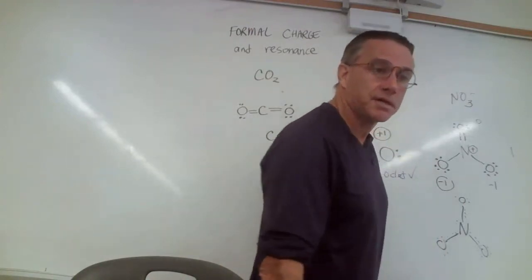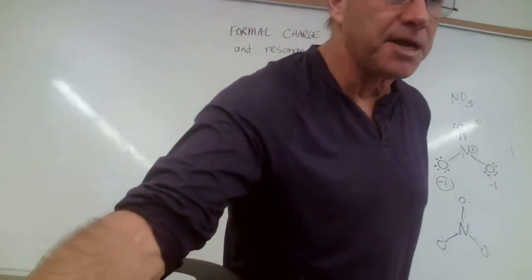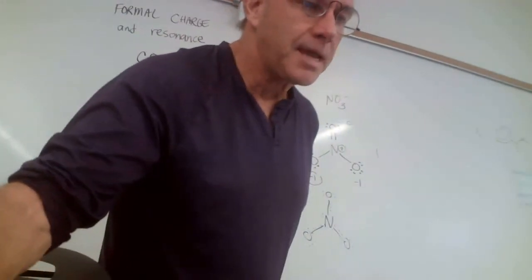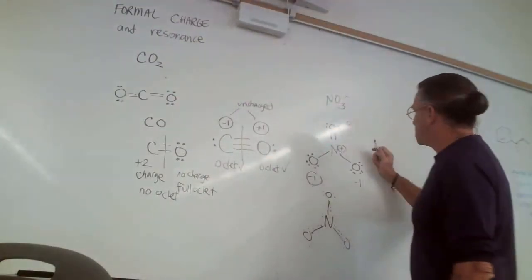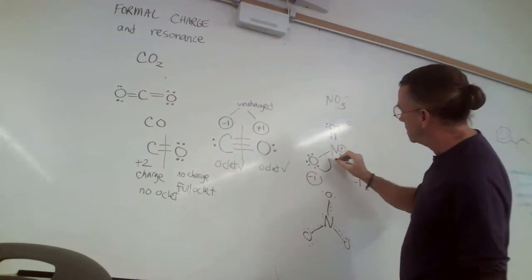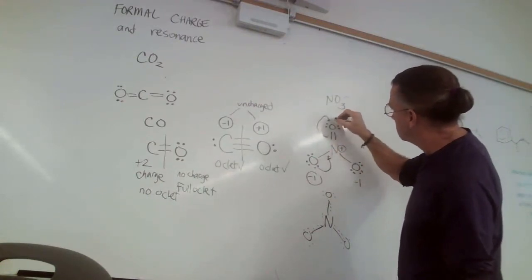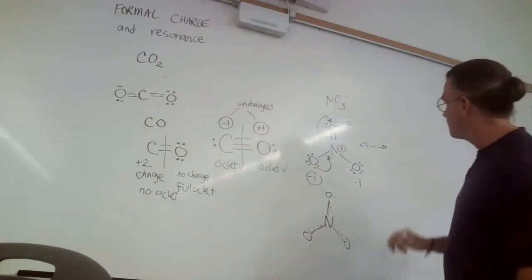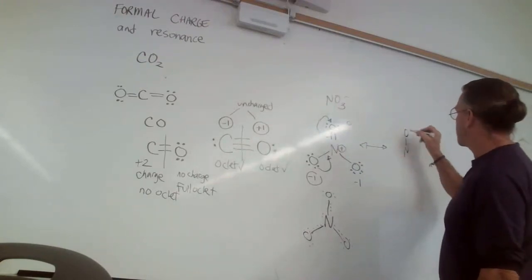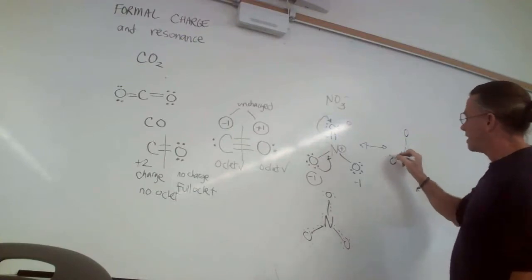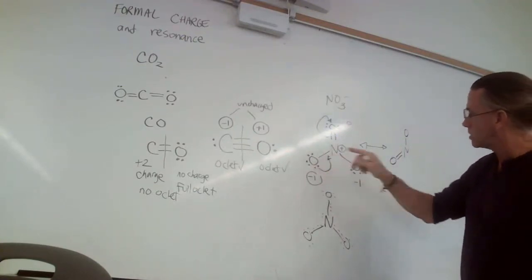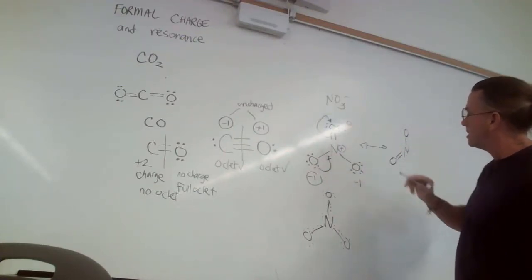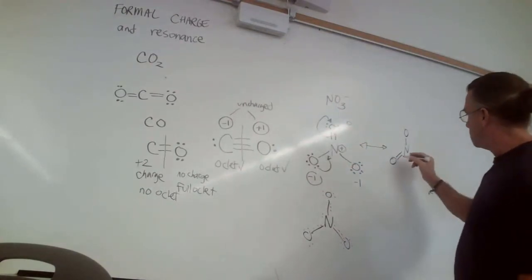Now watch what I'm going to do. I'm going to shift this a little bit over. And they said, this is the average of this, where I'm going to shift things around, use double-headed arrows, and draw it like that. Exactly the result. Take those 2 pairs of electrons, put it there, and in other words, the double bond is evenly distributed between the 2.